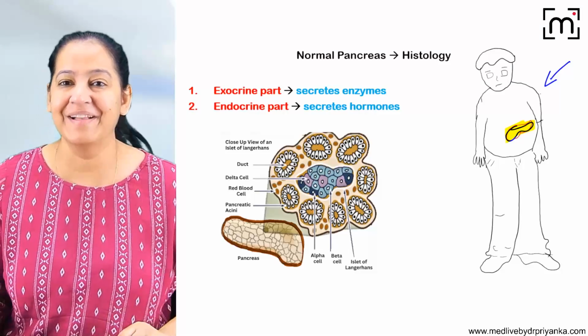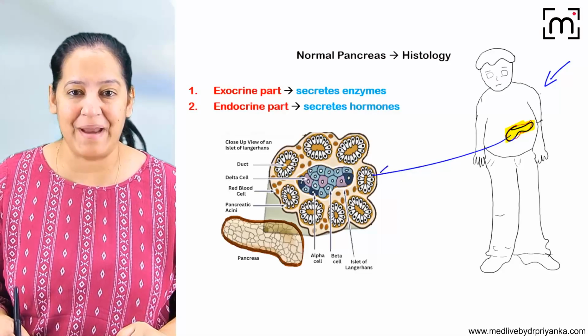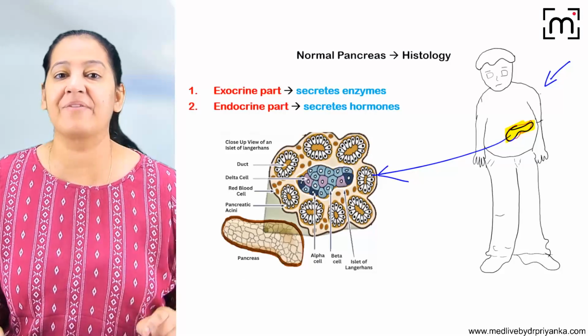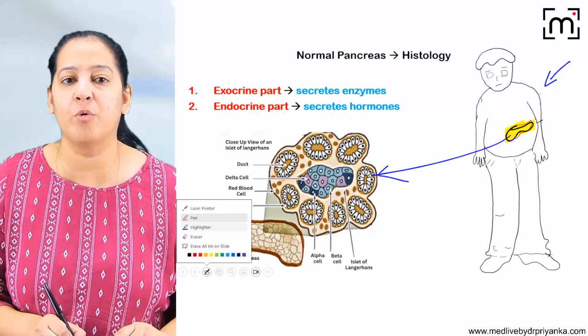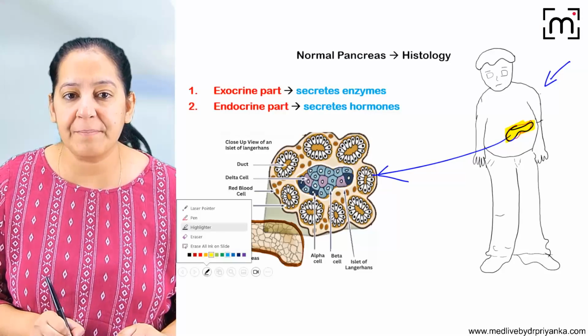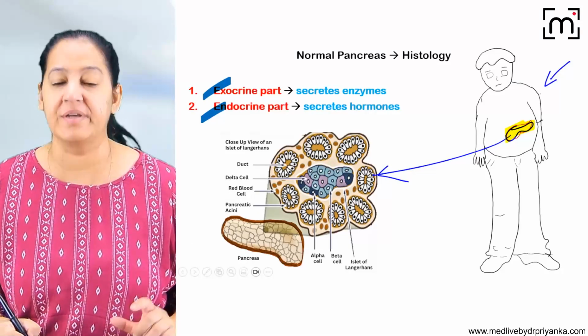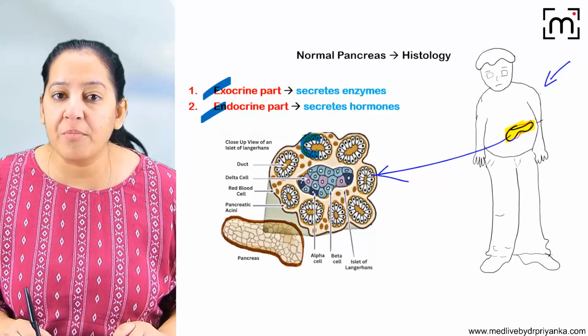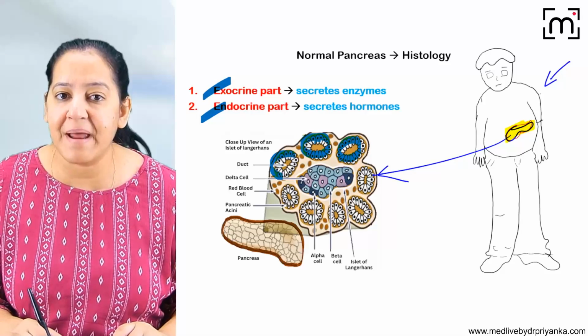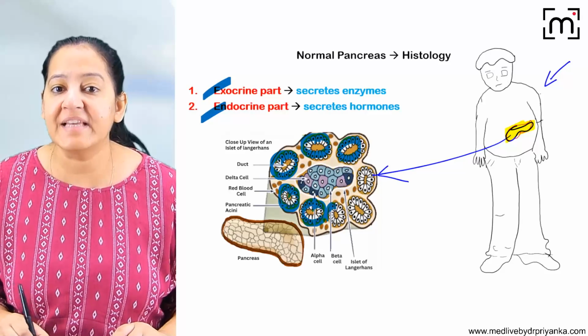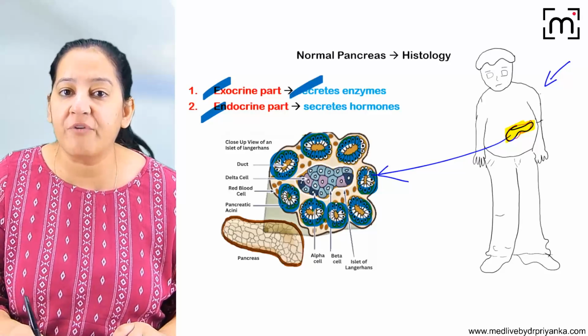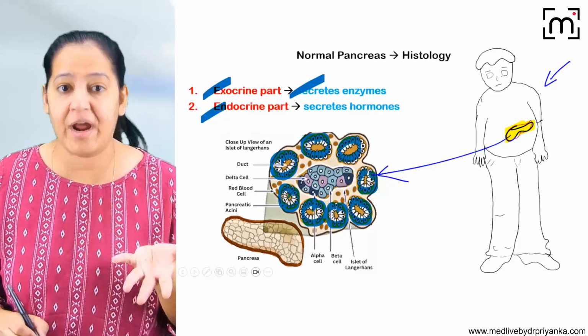This is the histology of the pancreas. Inside the pancreas there are two portions: the exocrine portion and the endocrine portion. The exocrine portion is in the form of acini. These are pancreatic acini, and they secrete enzymes which are important for digestion. That is the exocrine portion.